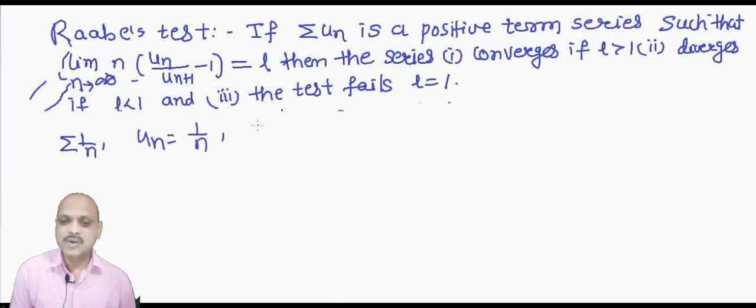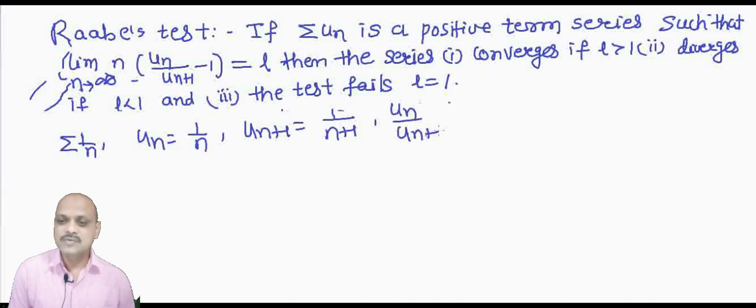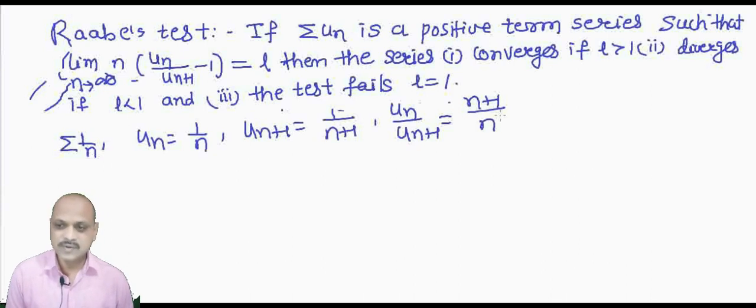then un plus 1 equal to 1 divided by n plus 1, and un divided by un plus 1 will be n plus 1 divided by n. And un divided by un plus 1 minus 1 equal to n plus 1 divided by n minus 1.